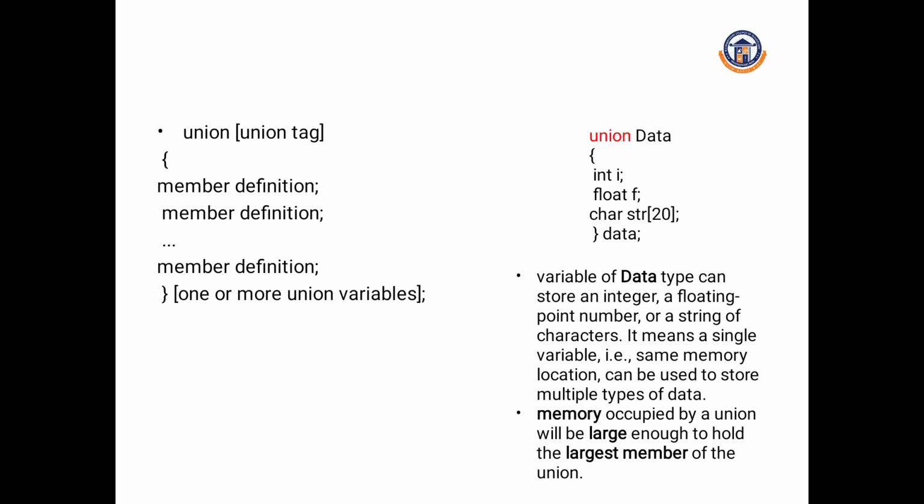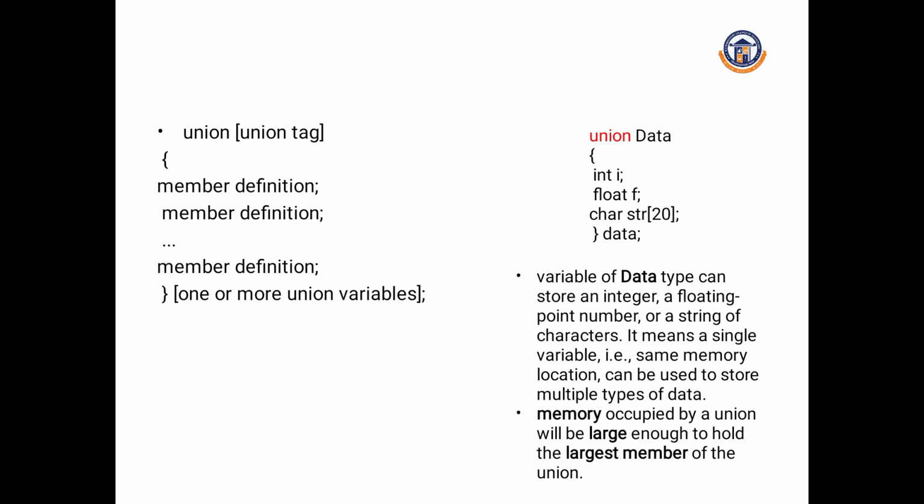How the memory of a union is determined is that the memory of the union is equal to the largest memory carried by a particular member. Here, int i for storing an integer requires 4 bytes, float, suppose it requires 8 bytes, and for storing a single character it requires 1 byte.